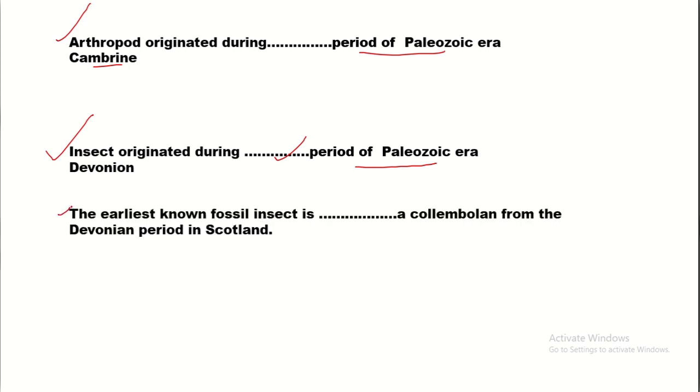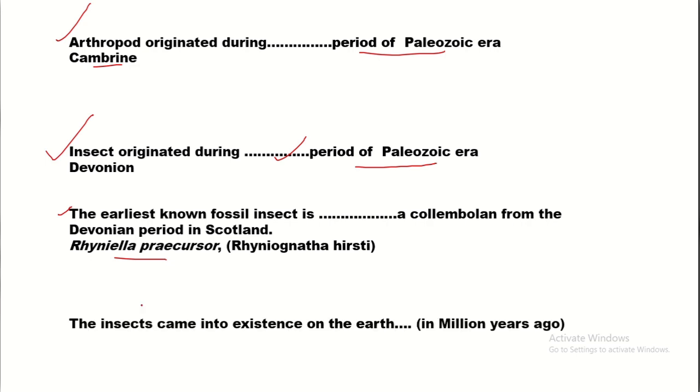The earliest known fossil insect is Rhyniella praecursor. The insect came into existence on the surface of the earth 300 to 500 million years ago.